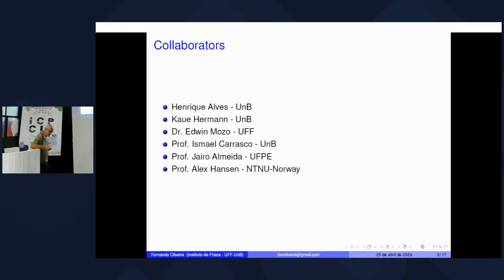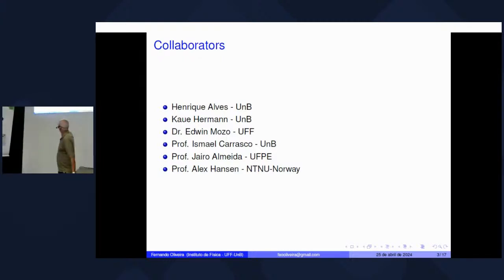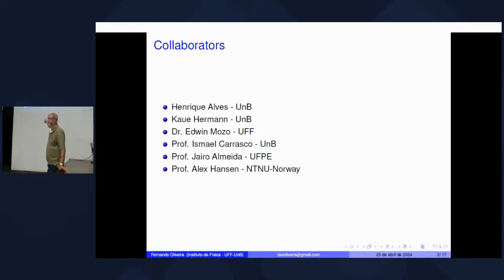The collaborators in this specific project are Henrique Alves, a PhD student here, Cauê, a student as well, Edwin Mozo, who is in UFF, the same group as Fabio, Ismael Carrasco, who is part of the work, so he invited me to talk about it, and Jairo Almeida from Universidade Federal de Pernambuco.